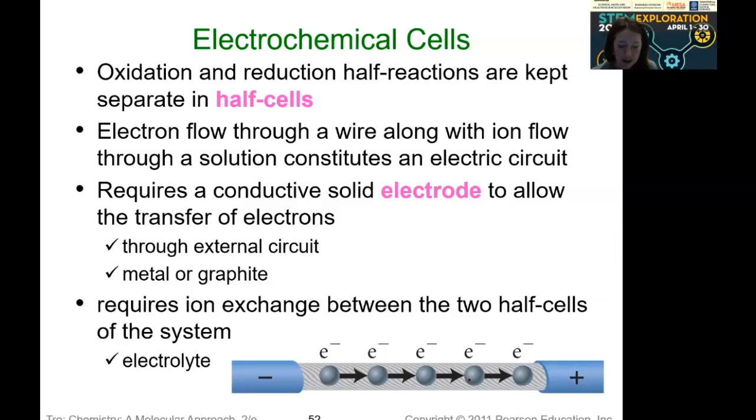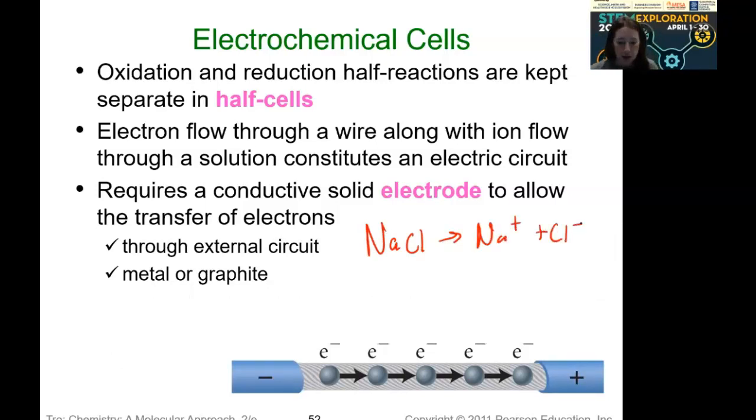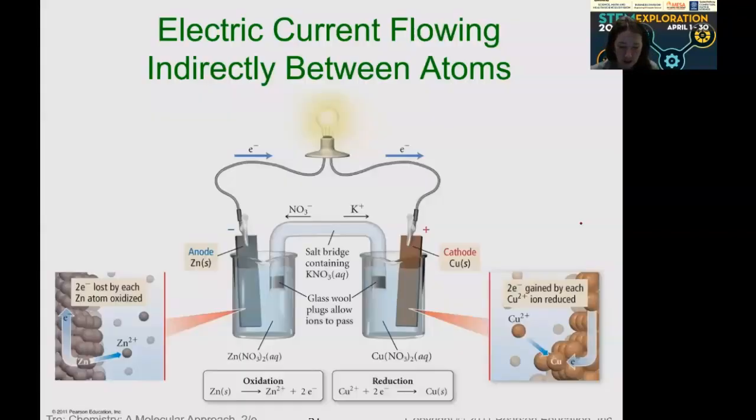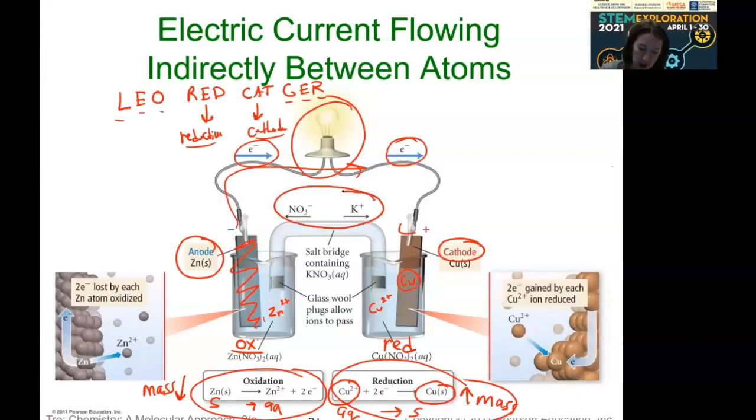And again, it requires an ion exchange between the half cells of the system, and this is what we call an electrolyte. Now, if you remember from 219, an electrolyte is anything that comes apart into ions in solution, right? So like NaCl is an electrolyte because it comes apart into ions in solution. So in the cell that we have here, this was our electrolyte.